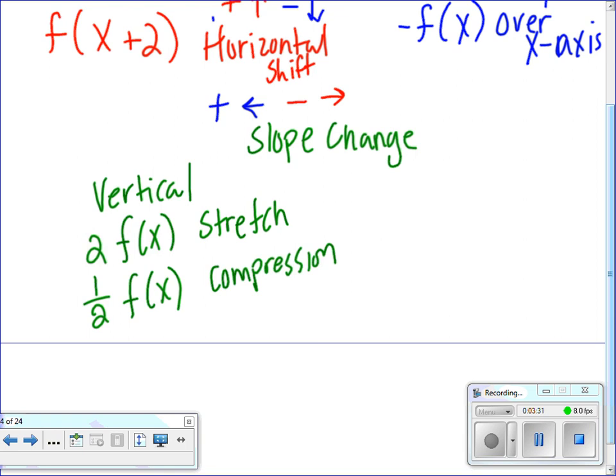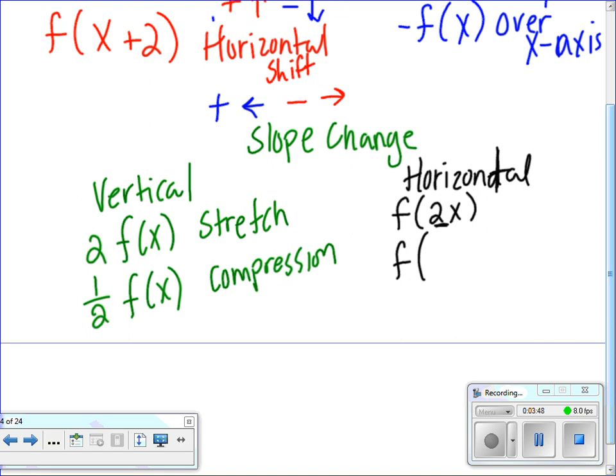Okay, and then we have horizontal. So we had horizontal slope changes, and this is when the number is on the inside. So we had f of 2x. Notice now the number's on the inside. Or f of a fraction such as 1/2 x. This was backwards, so it's different than vertical.